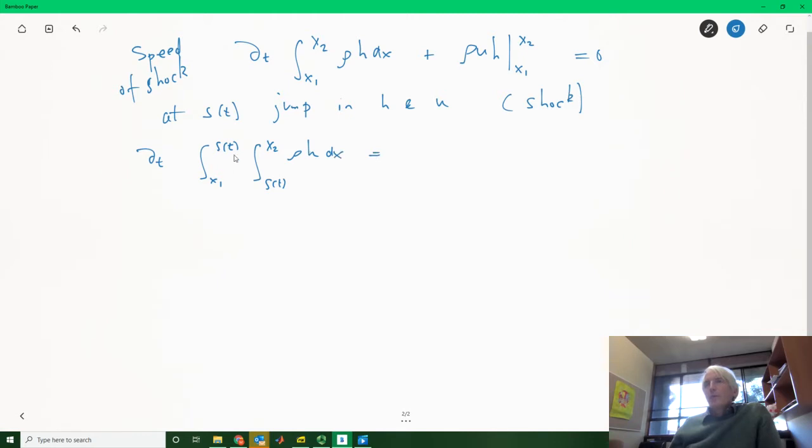But we've got to include the effect of this changing position, so we've got to include the time derivative of that. We take the limit as x1 goes to x2. And likewise here, this is simply going to be equal to rho u h at s minus and s plus, which is either side of the shock. So s plus is just above the shock, s minus is just below.